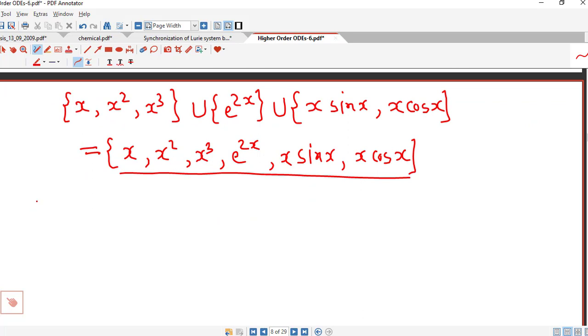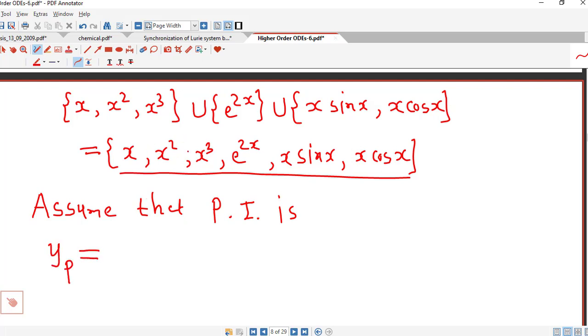So now we can assume our choice for particular integral. So now we assume that the particular integral or particular solution is yp equal to a linear combination of all these functions.